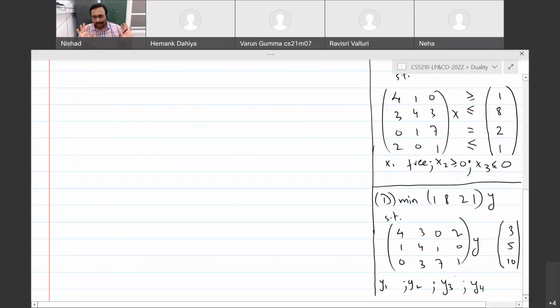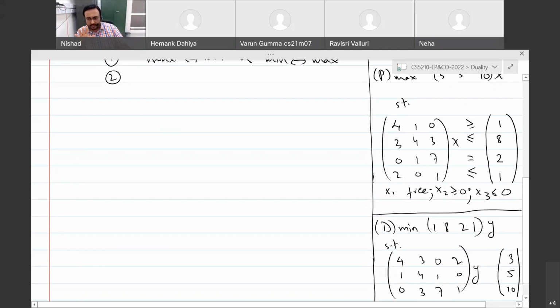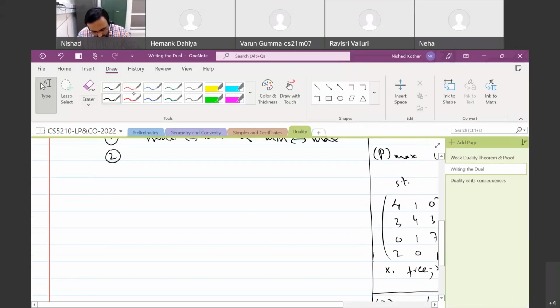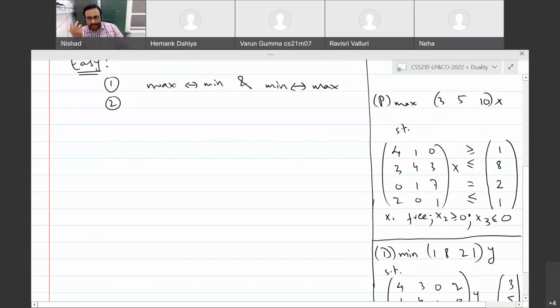Before we go into the details, I want to point out one observation in case you haven't noticed it. Remember, in our derivation of the dual last time, we were multiplying each constraint by a certain number. The first constraint we multiplied by y1, the second one by y2, y3, and y4.